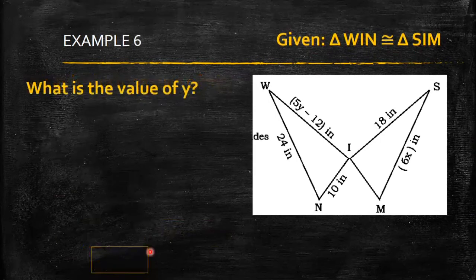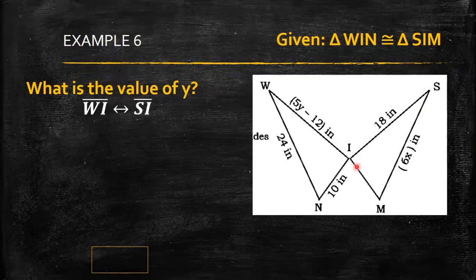Okay, next example. Our same given pa rin. We have triangle WIN is congruent to triangle SIM. What is the value of y? Okay, value of y. Since si y ay nasa segment WI at si segment WI nagko-correspond kay segment SI.